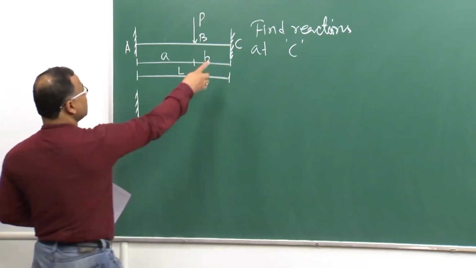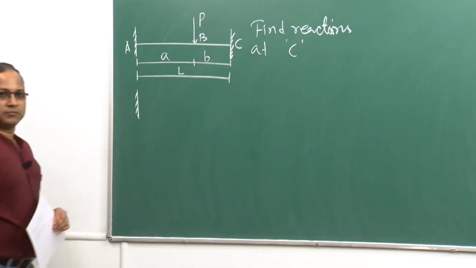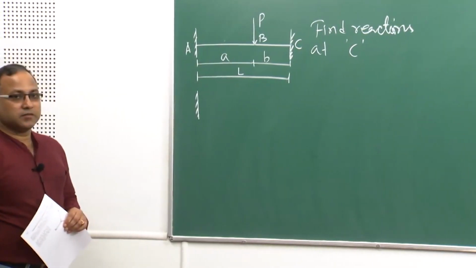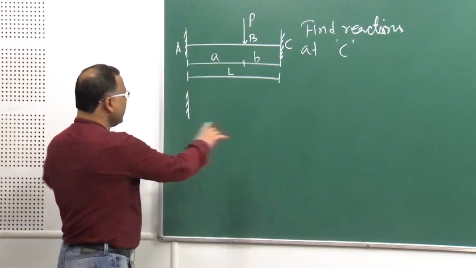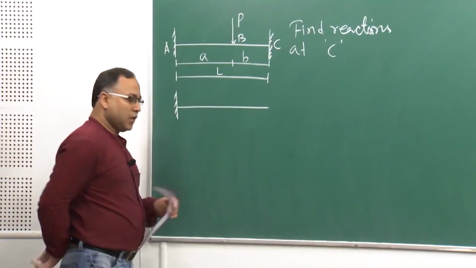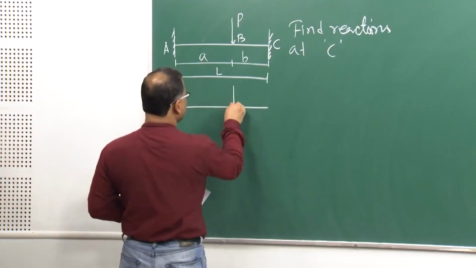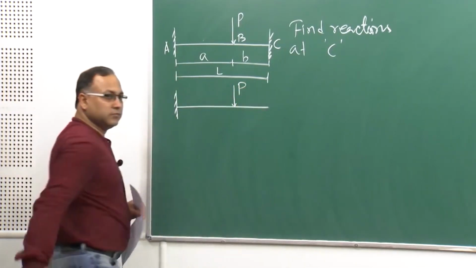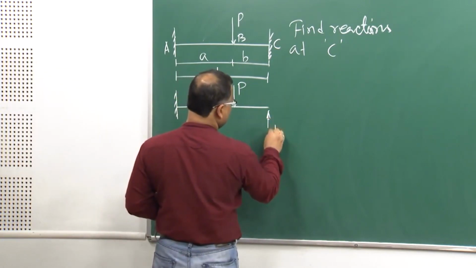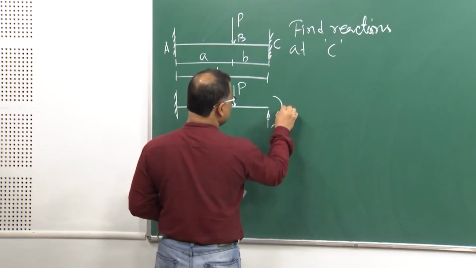If I remove this support C and replace it with the support reactions, then how will it look? The beam will be a cantilever beam carrying a load P here, and the support reactions will be something like RC and say MC.